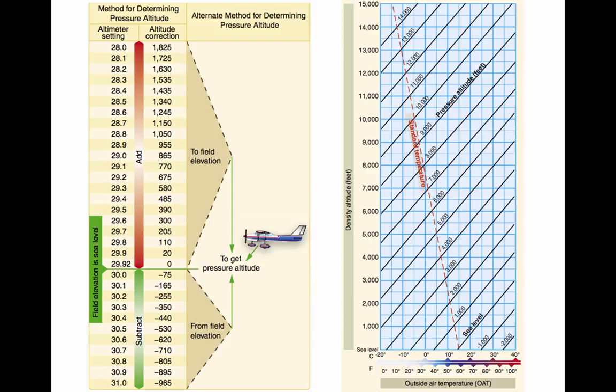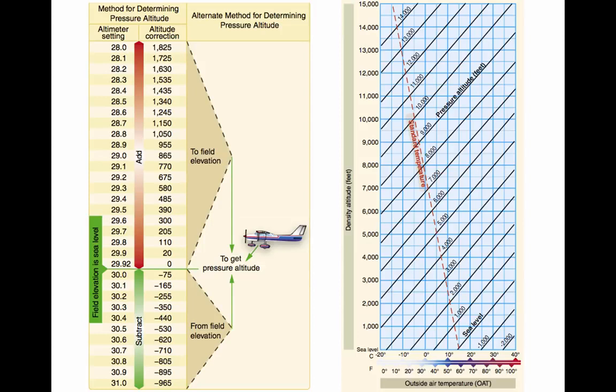The more appropriate term for correlating aerodynamic performance in a non-standard atmosphere is density altitude. The altitude in the standard atmosphere corresponding to a particular value of air density. Density altitude is pressure altitude corrected for non-standard temperature.